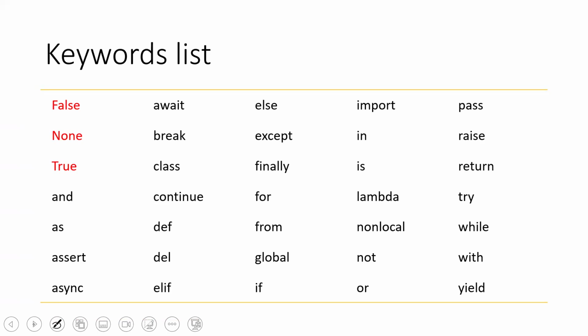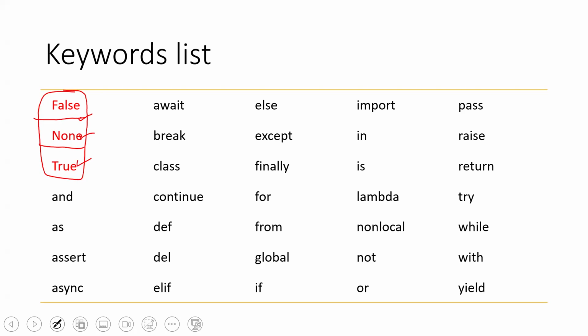These keywords, except the three I highlighted in red, such as False, None, and True, everything else is in small case letters.